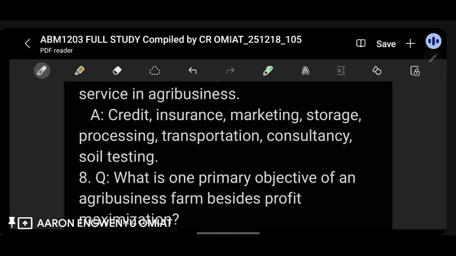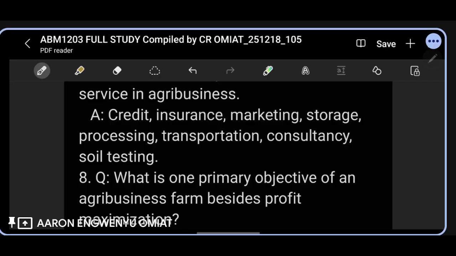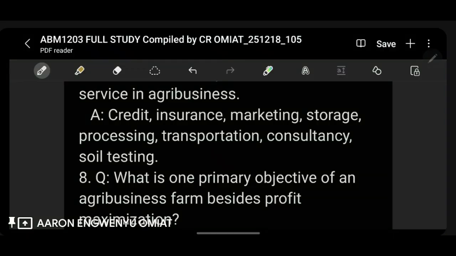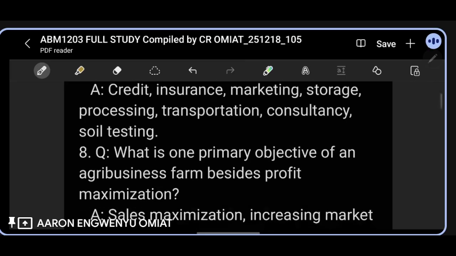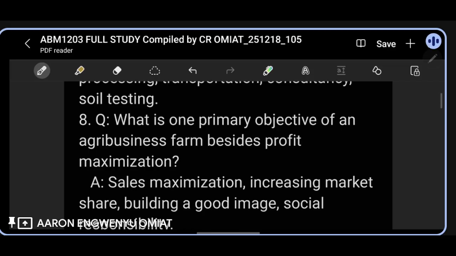I would say one primary objective of an agribusiness farm besides profit maximization? I failed. Pass. Okay, so we can be sales maximization, increasing market share, building a good image, social responsibility. So this question, I think if you think of it more like what is one objective of a business apart from profit maximization, you're able to think more clearly. So yeah, those are examples.